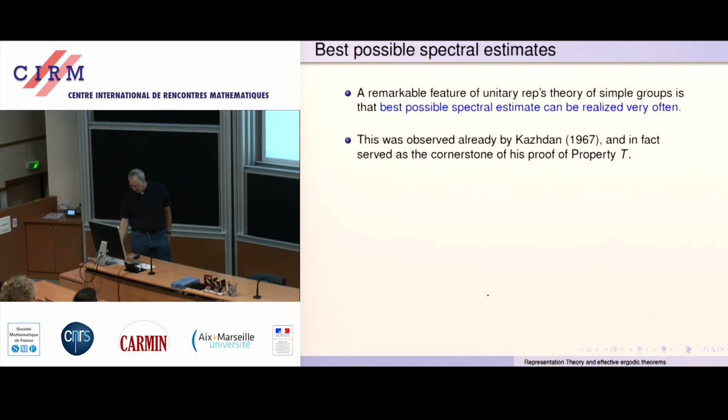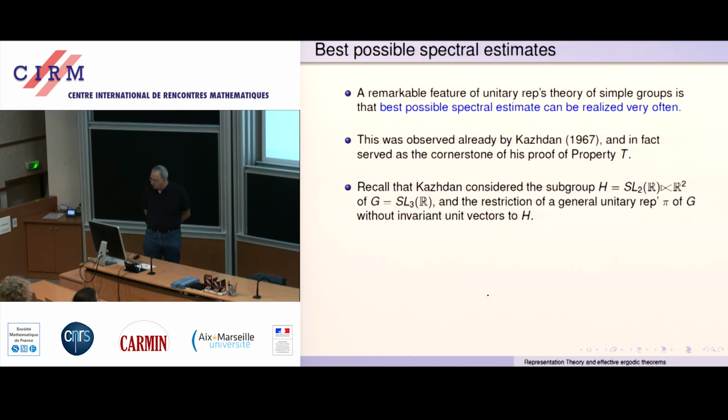And in fact, this was observed already by Kazhdan in 1967. And in fact, it served as the cornerstone of his proof of property T. So I'm saying something that is really very, very well known. But I want to emphasize it because I think it's underutilized.